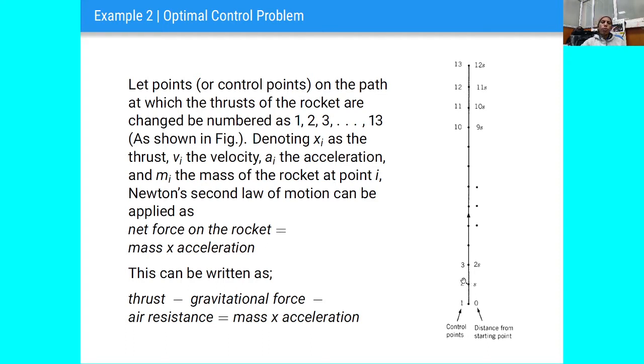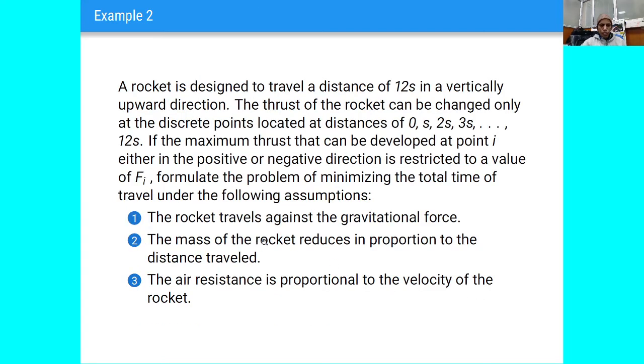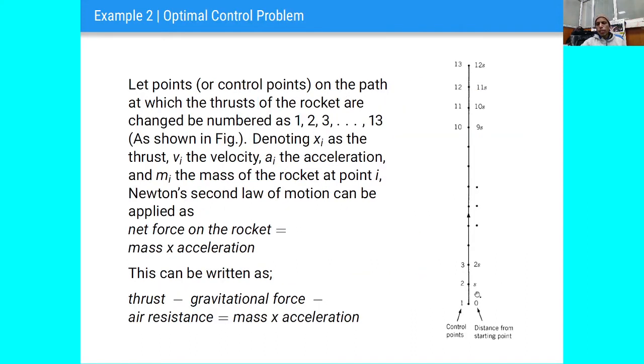And how can we calculate m2? M2 will be equal to m1 minus a certain constant, that we have taken as k2, the proportionality constant, multiplied by the distance traveled. So this will be m1 minus k2 into s. This is for calculating the mass at stage 2, control point 2.